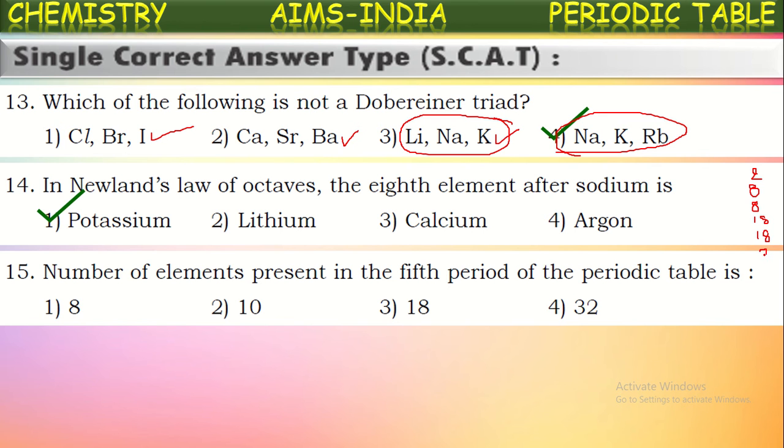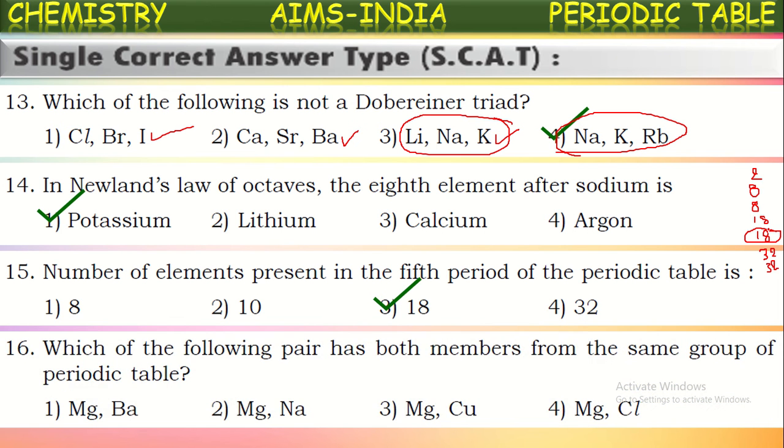Then the sixth and seventh periods contain 32 elements each. Now they are asking about the fifth period. Both fourth and fifth periods contain 18 elements each. So the fifth also has 18 elements. That's why these fourth and fifth periods are called long periods.